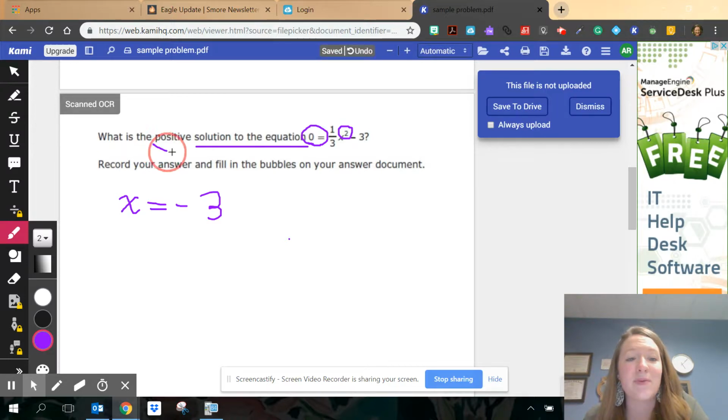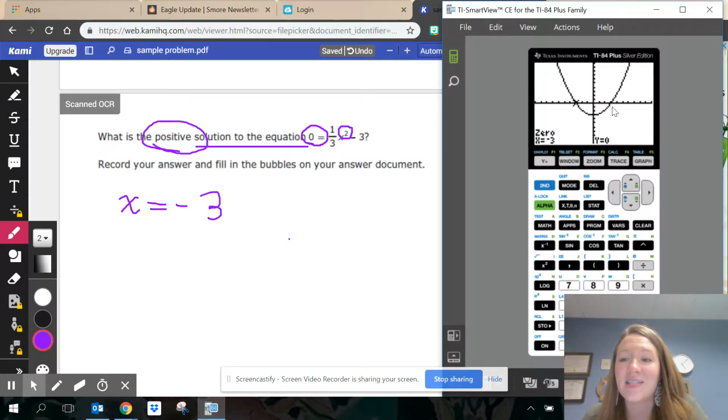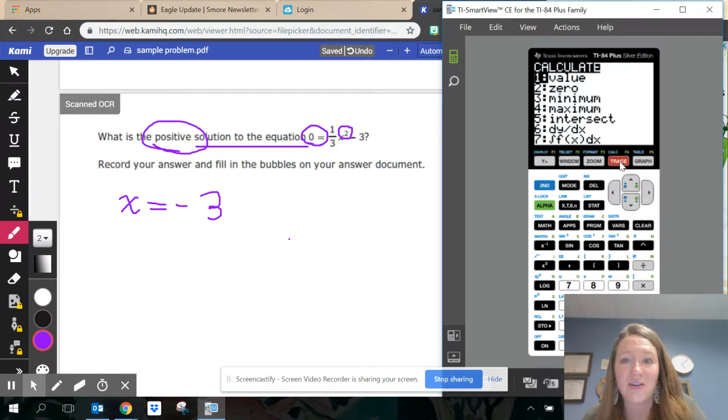However, the question asks me for a positive solution. Is this a positive solution? No. But I see that there is another place on the graph over here where it hits and has a positive x value because it's on the right of my y-axis. So let's calculate that one. We're going to do second trace, which is calc again.